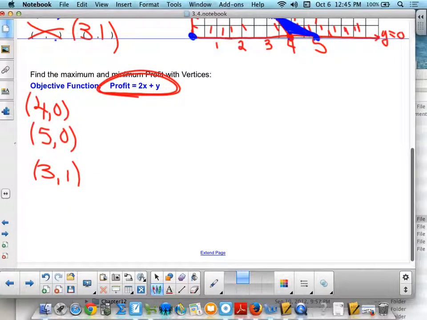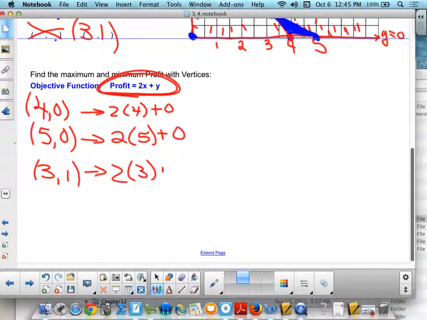Just take 2 times x plus y. 2 times 4 plus nothing. 2 times 5 plus nothing. 2 times 3 plus 1. What are our answers? 8, 10, 7.